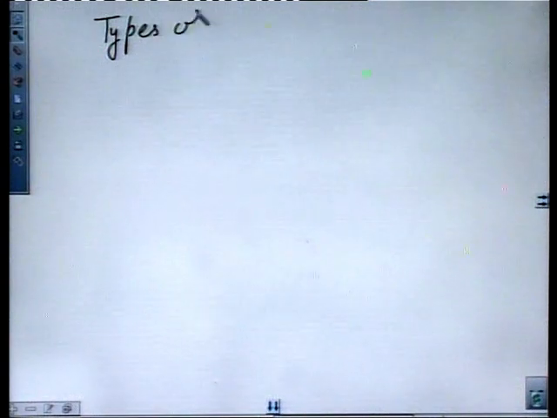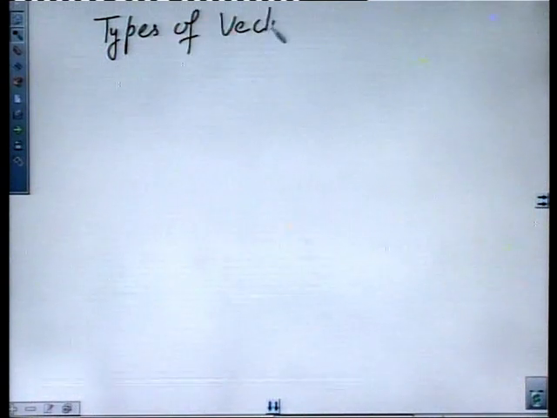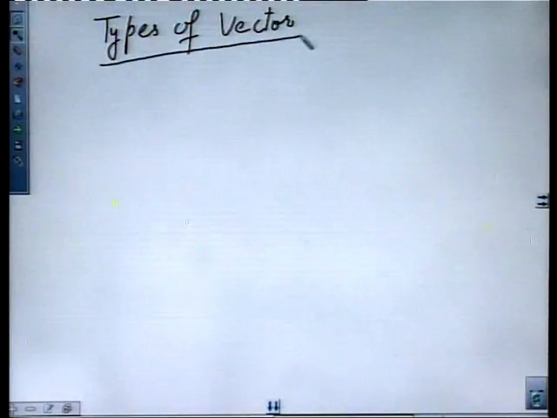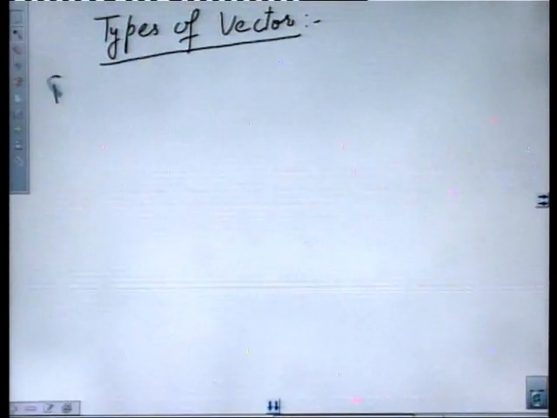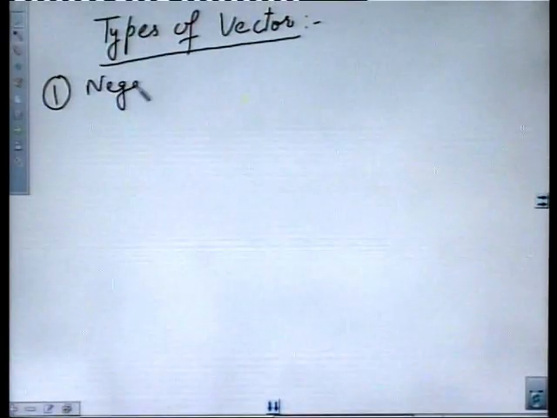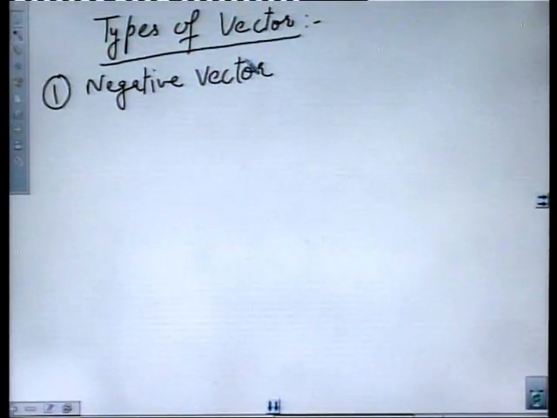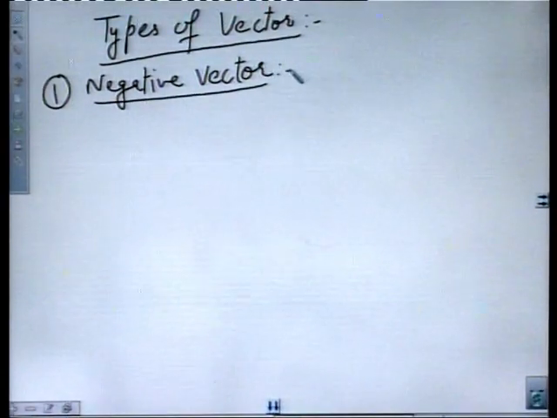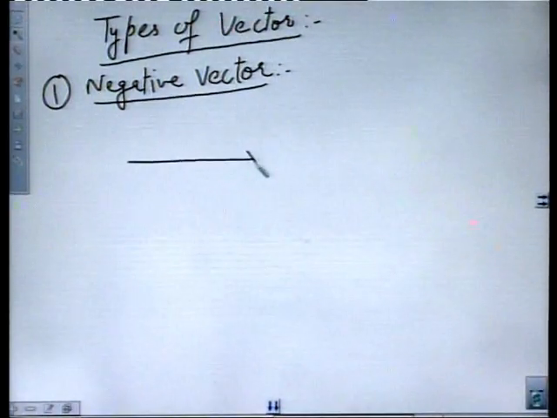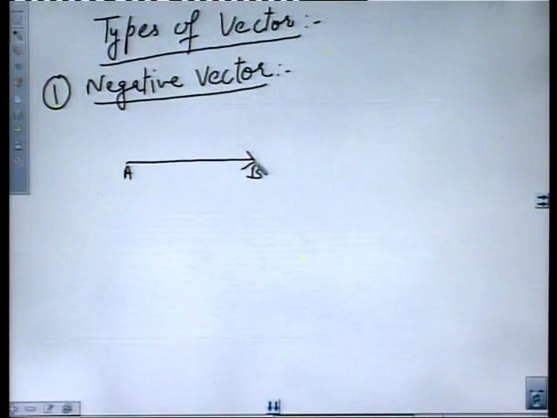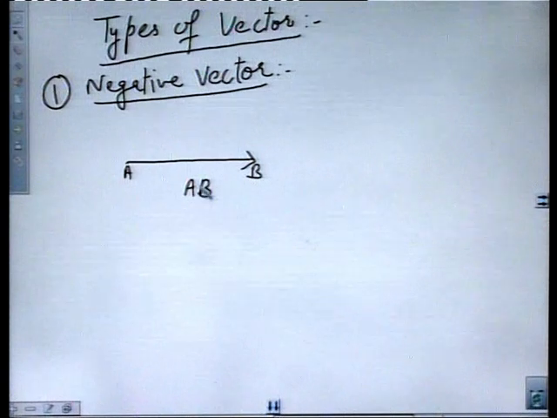Now the next is various types of vectors. We have to explain the different types of vectors. First is the negative vector. As the name suggests, let we have a vector AB. This is the starting point A and this is the end point B, and the vector is AB vector.